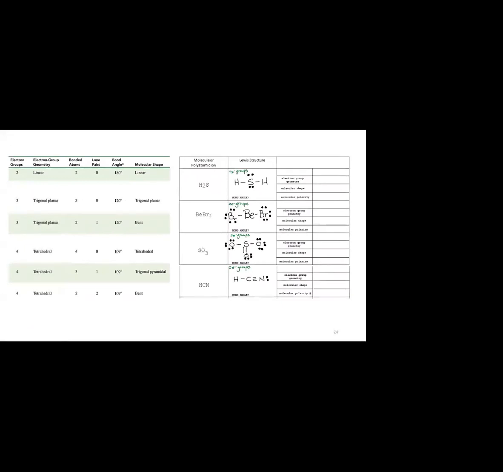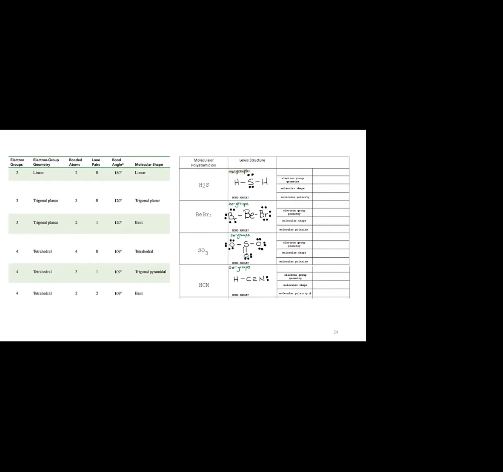Again, utilizing this table. If I ask you about H2S, what is going to be the electron group geometry? Let's put it in the chat. It's not linear. There's nothing linear on 4 electron groups. Exactly, tetrahedral. This is all I'm doing, you guys.